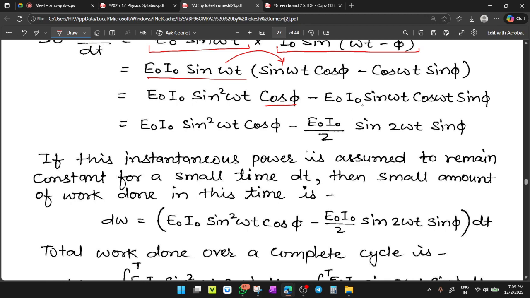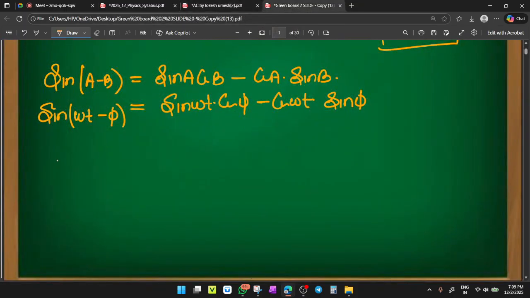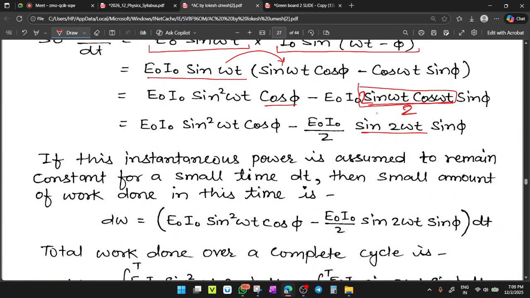If you multiply here with 2, you should also multiply here with 2, because the 2 and 2 will cancel. And sin omega t and cos omega t will give you sin 2 omega t. Why? Because sin 2 theta equals 2 sin theta cos theta. So in place of 2 sin omega t cos omega t, you will have sin 2 omega t. Clear? Because this omega t is working like theta. And sin phi remains here the same.